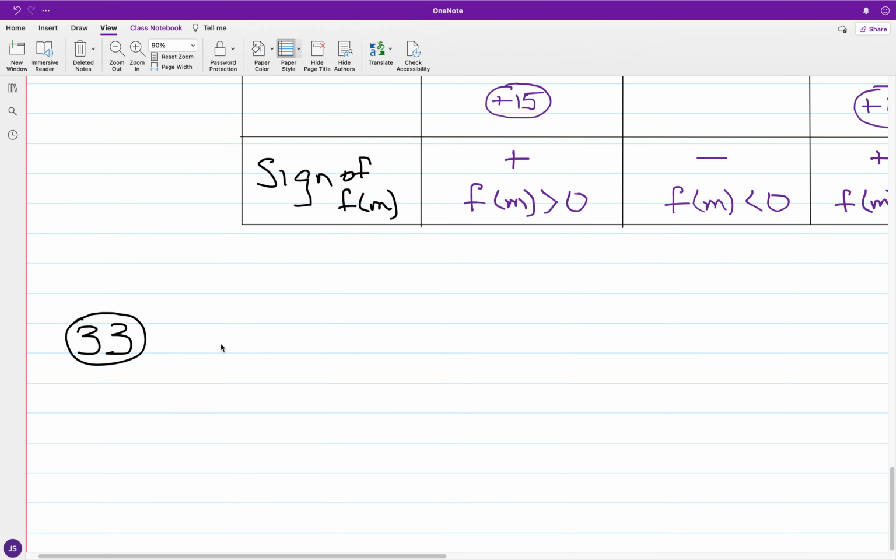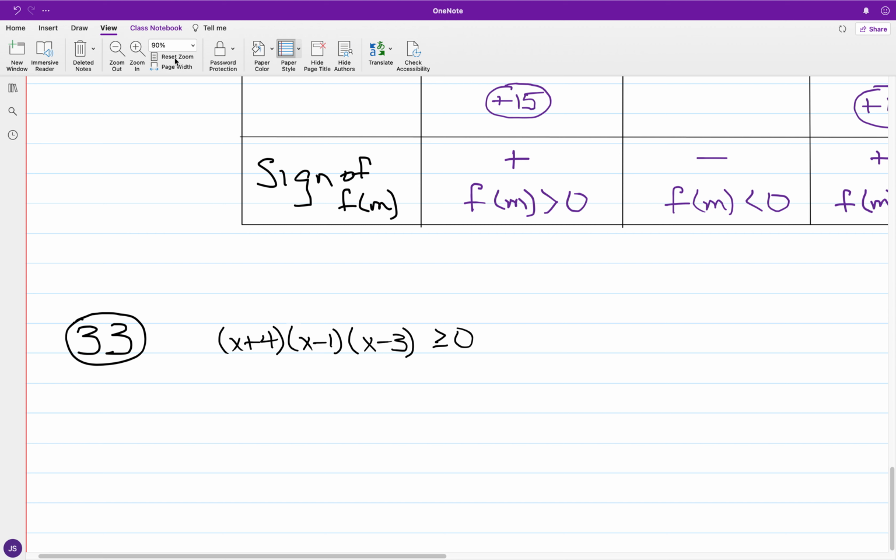So I have the quantity of x plus 4 times that of x minus 1 times quantity of x minus 3 is greater than or equal to 0.